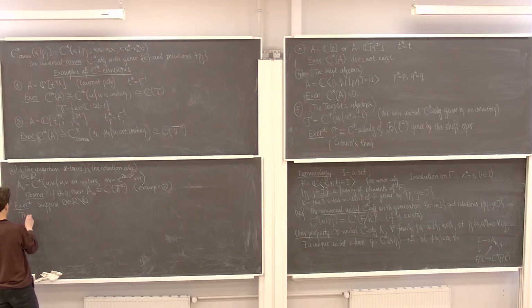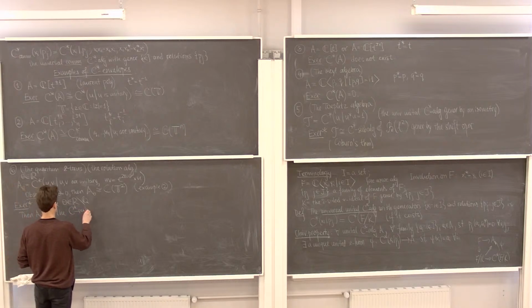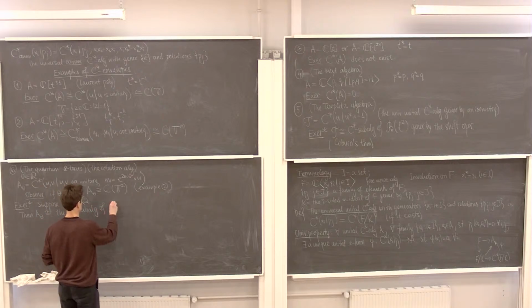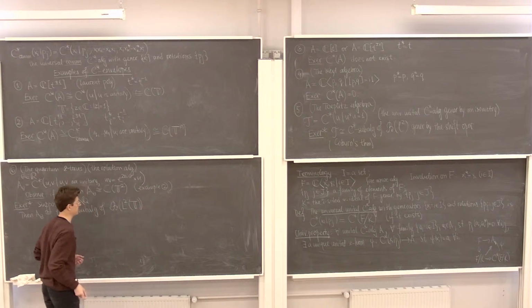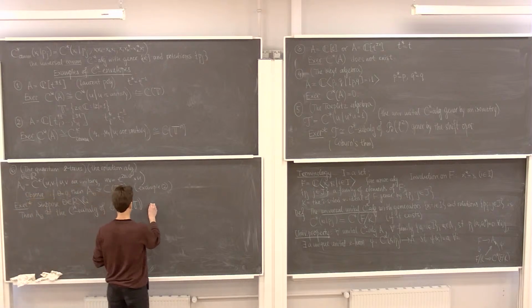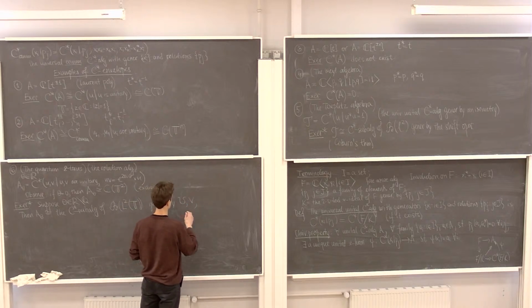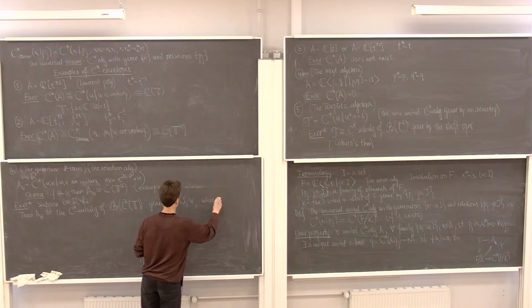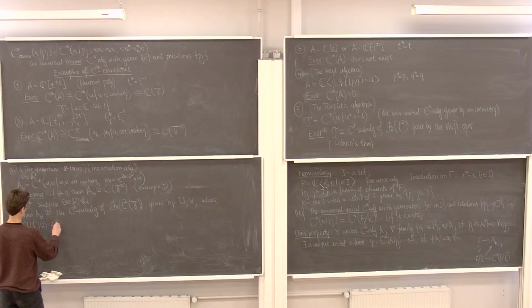Then A theta is isomorphic to the C-star subalgebra of the algebra of bounded operators on the L2 space on the circle, generated by the following two operators, big U and big V. U is just the multiplication by the coordinate, so it takes f of z to z f of z.